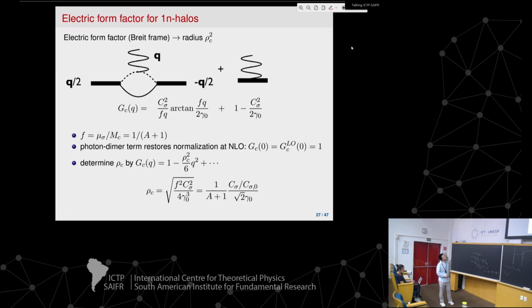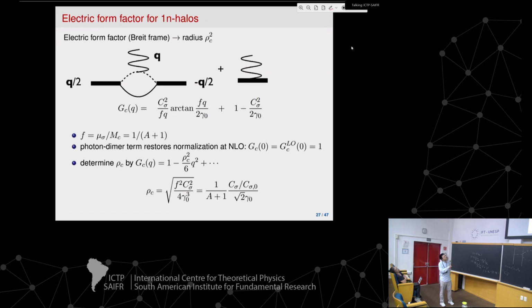Okay, so besides the calculations of the bound states or the binding energies, we can also calculate the structure of the one-neutron halos. This is related to the electric form factors. Normally, if you want to describe the form factor, it's written in the so-called Breit frame, which means that you have initial states, these two-body systems, where the center of mass motion of this system has a momentum minus q/2.